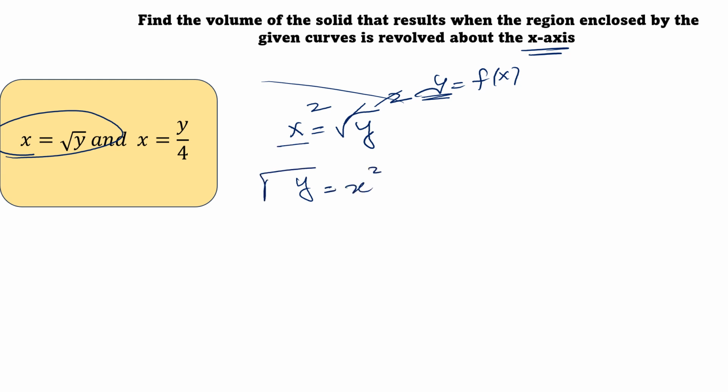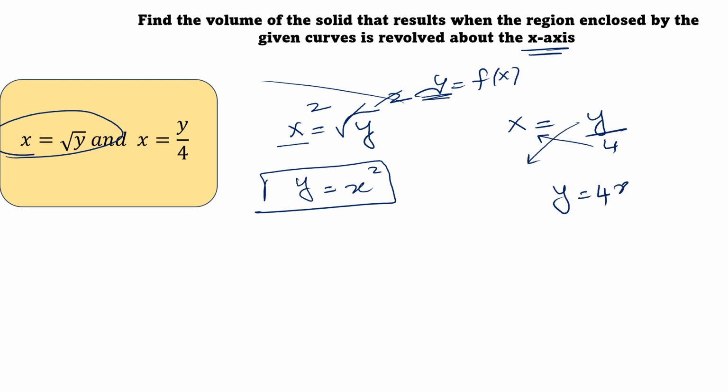So this is my first equation. The second equation is written as x equals y over 4. I will solve for y. I will bring the 4 over to the top, cross multiply, and I will get y equals 4x.